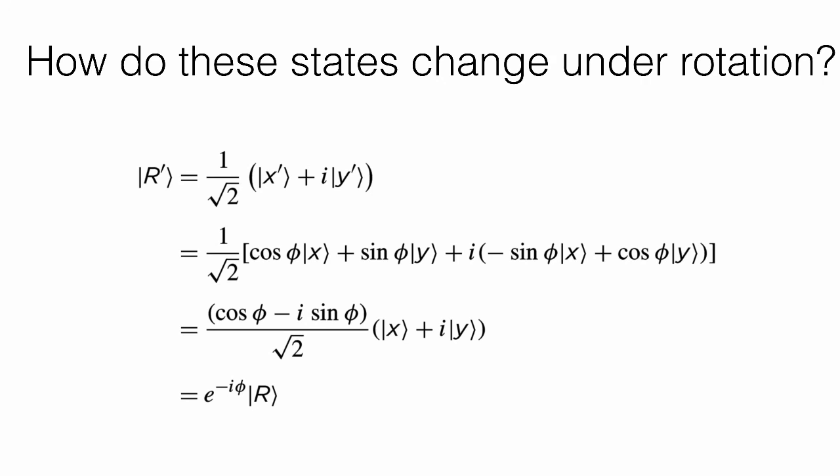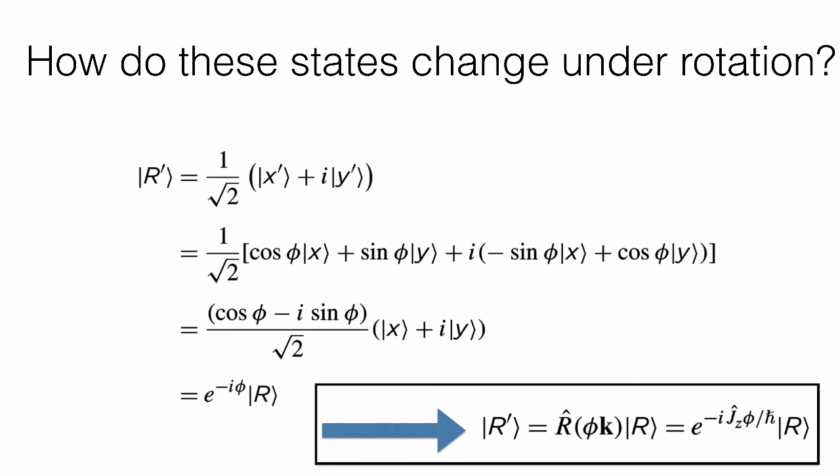So we are simply rotating the state. But this is really the most important thing here in the box with the blue arrow. We find that it's the same as applying a rotation operator, just like we've done before, around the z-axis with a phase factor obtained by some operator Jz, some rotation generator, times phi over h bar.